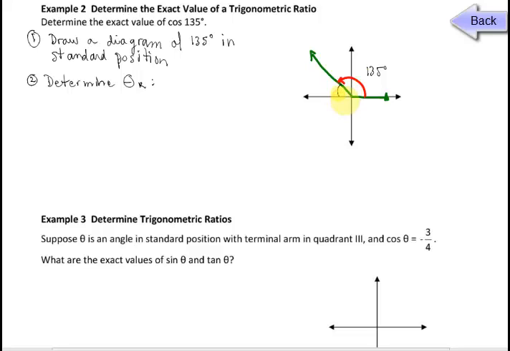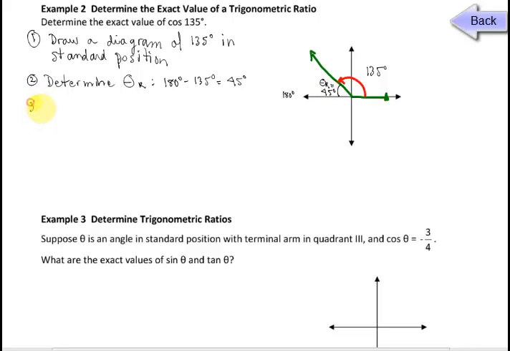A full half circle is 180 degrees, and up to our terminal arm is 135. So to work out our reference angle, we go 180 minus 135, which gives us an angle of 45 degrees. So our reference angle is 45 degrees. When we said that we're probably going to be looking at our special angles, one of them is 45 degrees, so we will be using that.